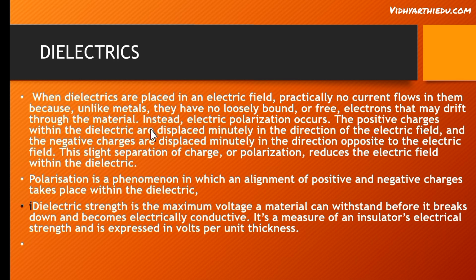Unlike metals, or conductors, dielectrics have no loosely bound charges. In metals, all the charges are loosely bound, and that's why they allow the flow of electrons, the flow of current. But in dielectrics, all the particles are tightly bound. So generally there are no free electrons to move to constitute the current. Instead, electric polarization occurs in the dielectric materials. What is meant by electric polarization?